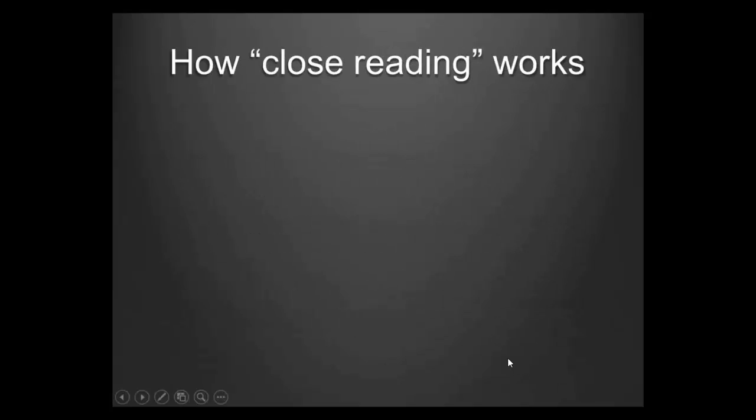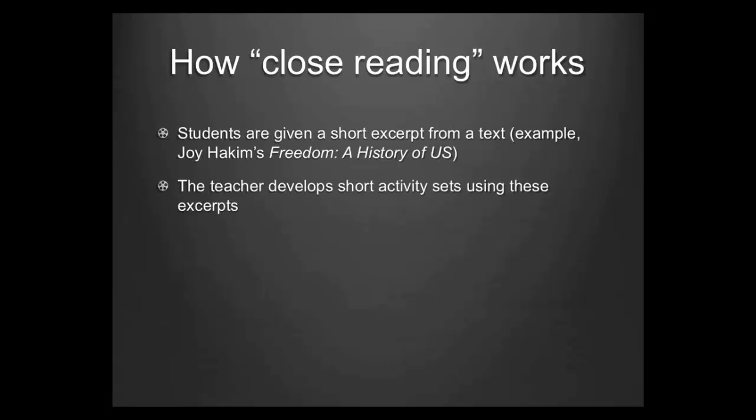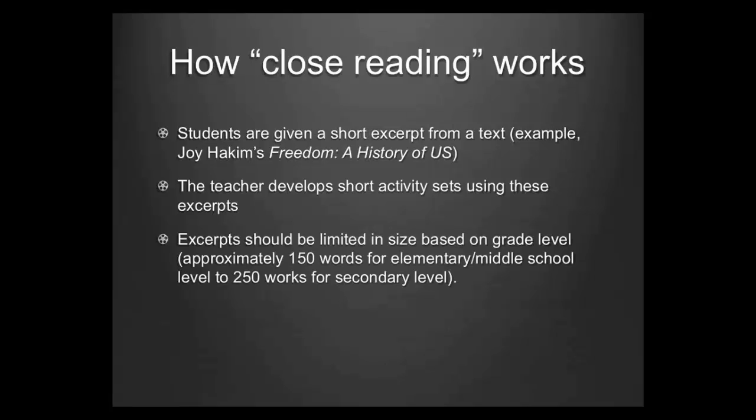So let's talk about how close reading works, what we do and how it works. Go ahead to the next bullet. The way we start is a student is given a short excerpt from a text, for example, Joy Hakim's Freedom. From that point, the teacher develops a short activity set using the excerpts.